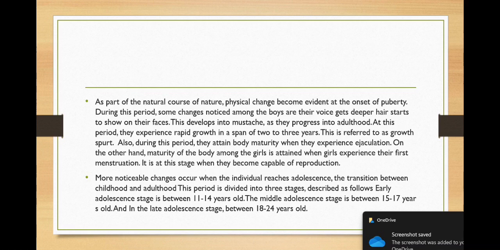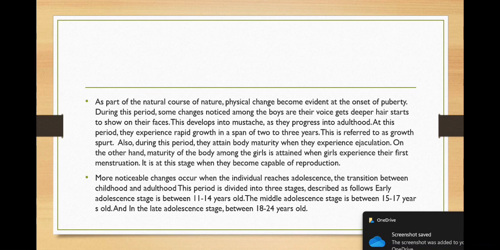For them, if they reach that age, they all want to achieve their goals in their life.